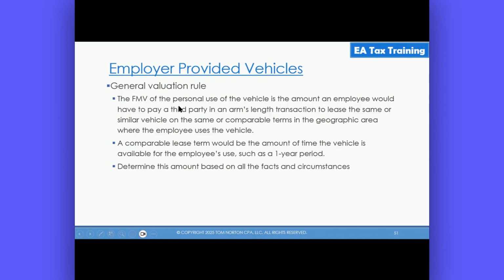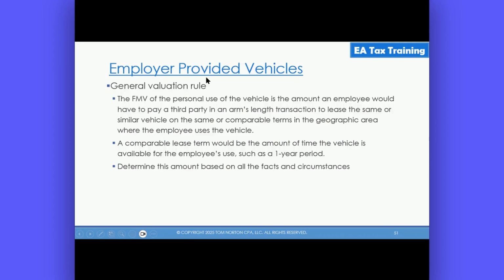Here, the fair market value of the personal use of the vehicle is the amount an employee would have to pay a third party in an arm's length transaction to lease the same or similar vehicle on the same or comparable terms in the geographic area where the employee uses the vehicle. A comparable lease term would be the amount of time the vehicle is available for the employee's use, such as a 1-year period. You determine this amount based on all the facts and circumstances.